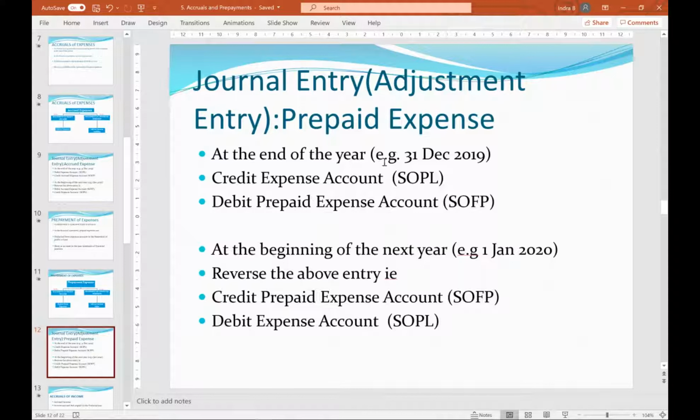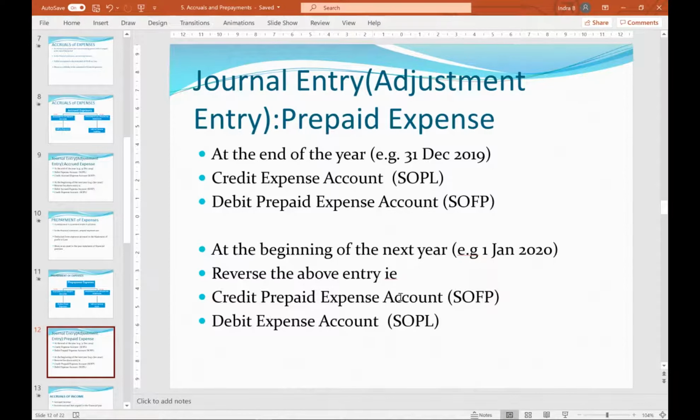Similarly, this entry is necessary. So whenever you are asked to do the adjustment, you have to do both. Unless they're asking for the adjustment at the beginning of the year, which is the reversal of that. So credit expense account, debit prepaid expense account at the end of the year, and at the beginning of the year, credit prepaid expense and debit expense account.